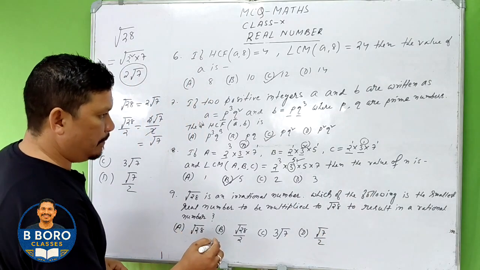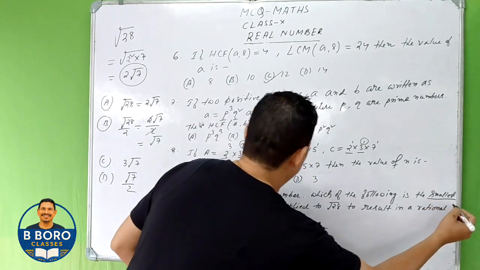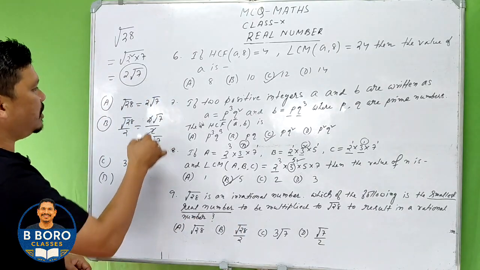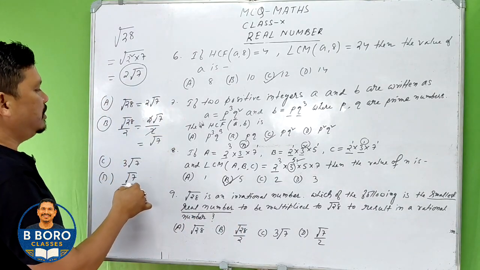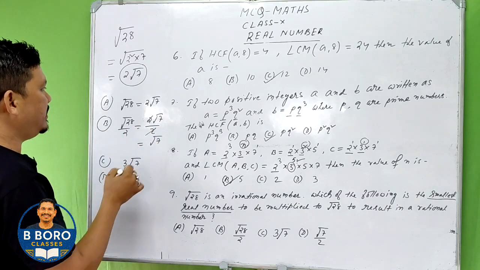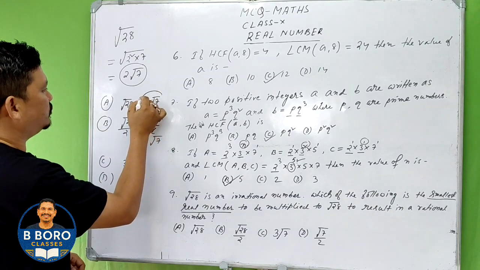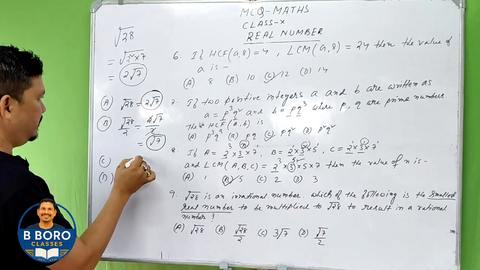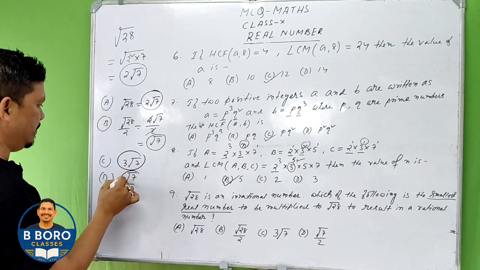So here the main point is the smallest real number. So all are real numbers. So out of all these 4 options, which one is the smallest real number? The options are 2 root over 7, root over 7, 3 root over 7 and root over 7 by 2.